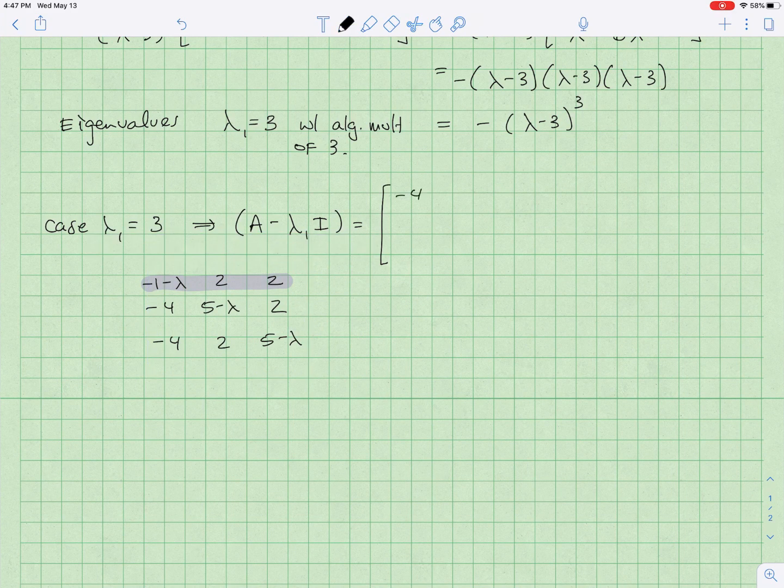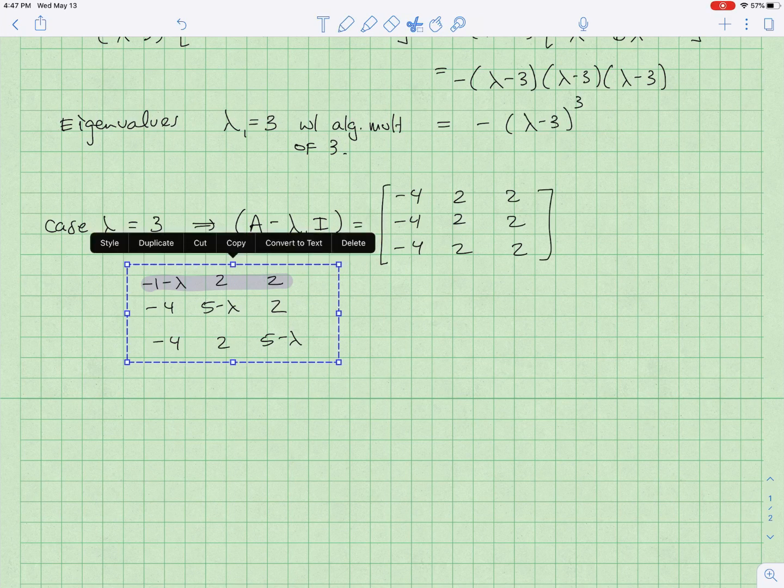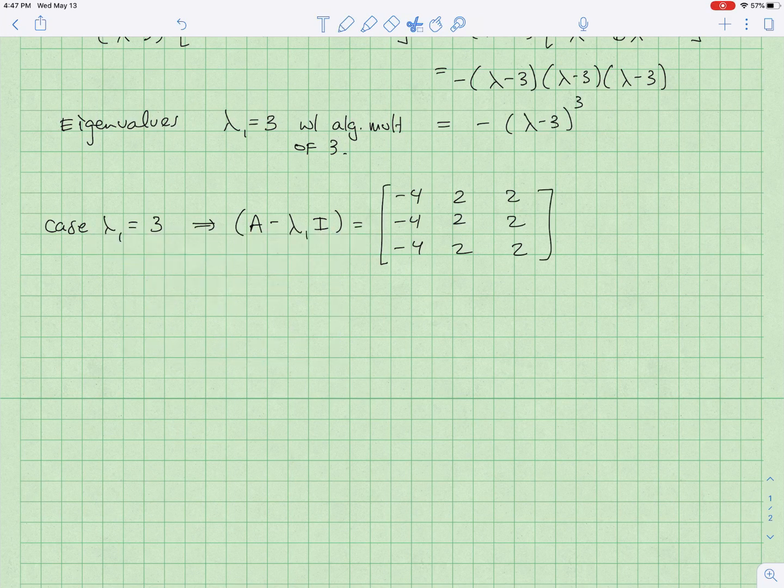Negative 1 minus 3 is negative 4, 2, 2; negative 4, 5 minus 3 is 2, 2; and negative 4, 2, 2. And so the row reduction there shouldn't give us too much trouble. This is row equivalent to 2, negative 1, negative 1, 0, 0, 0, 0, 0, 0.